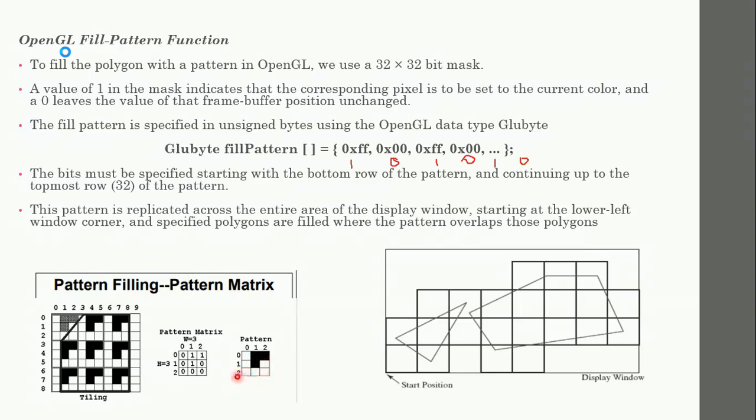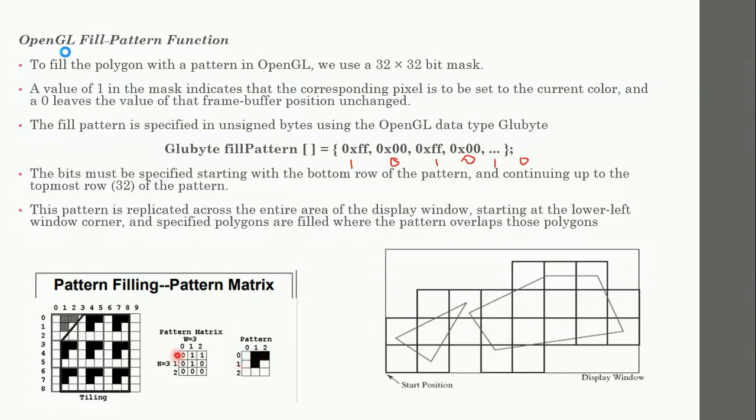If you are initializing the particular fill pattern, how many values will you have? 9 values. See the values: initially 0 0 0 1 0 1 0 0 1 1. That means where 1 is present, that particular bit is displayed with a certain color.